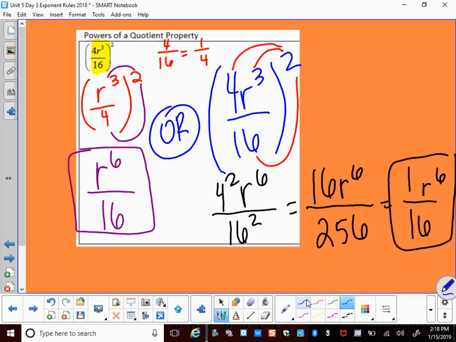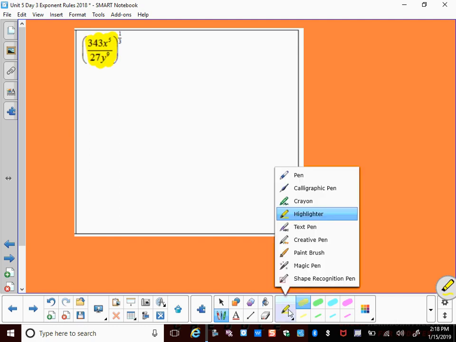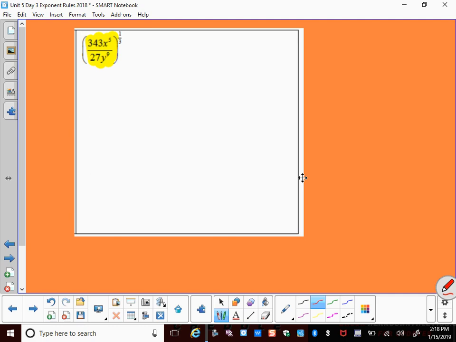All right, let's see the other one. Let's go ahead and simplify whatever's in my parentheses first before I get my exponent involved. Someone type in, what's 343 divided by 27?